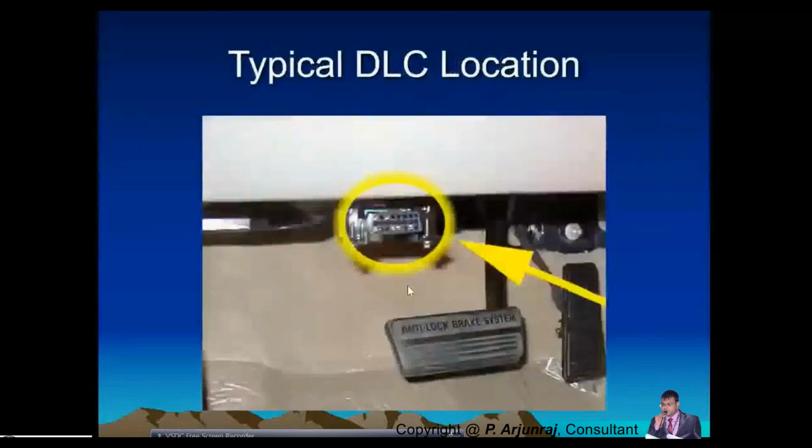This DLC is located near the pedal where the driver operates the vehicle. So it is nothing but the data link connector, DLC. They plug into it with a tool called the scanner tool. Using that, they can find out the diagnosis for a vehicle.